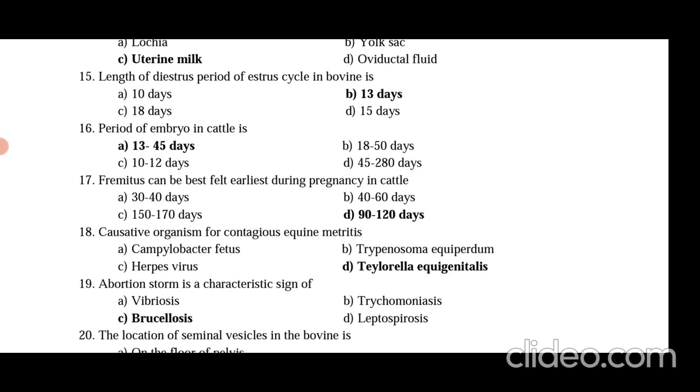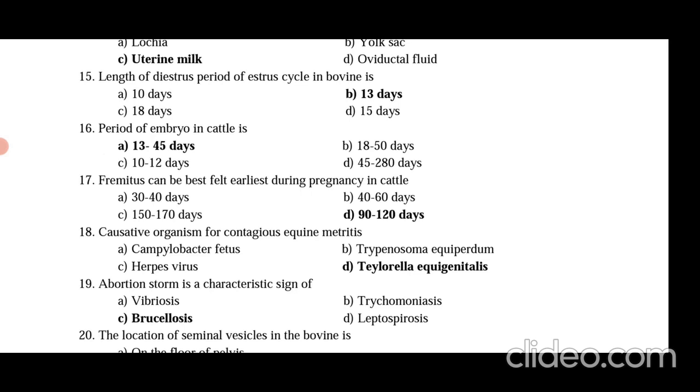Fremitus is the palpation of the blood vessel that supplies the fetus, and the blood circulating through that vessel is easily detected. It is a way of detecting the pregnancy. This fremitus is optimally detected at the 3rd to 4th month, or 90 to 120 days.